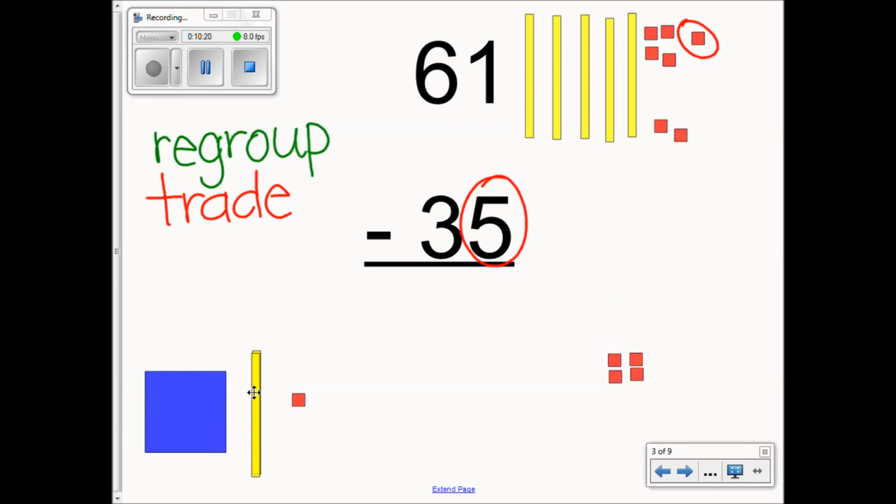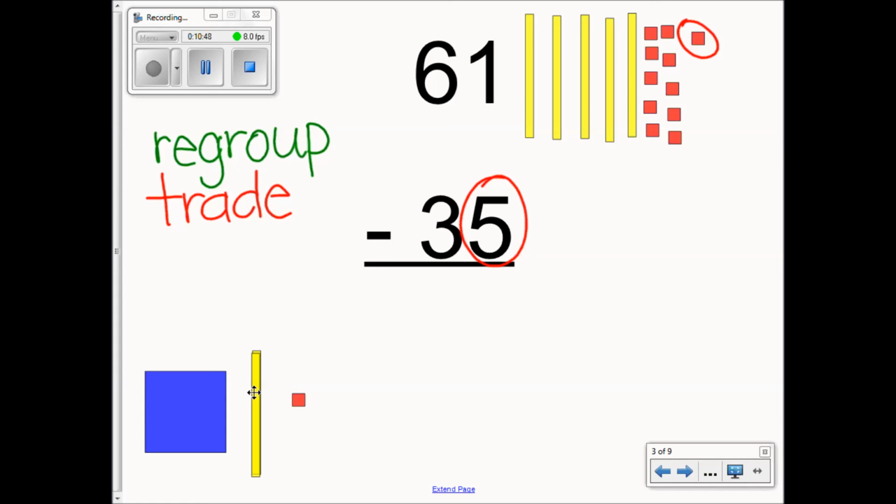So now, let's see if I still have the number 61. When we count these 10 longs, let's count by 10s. Ready? 10, 20, 30, 40, 50. I'm at 50. Ready? 51, 52, 53, 54, 55, 56, 57, 58, 59, 60, 61.